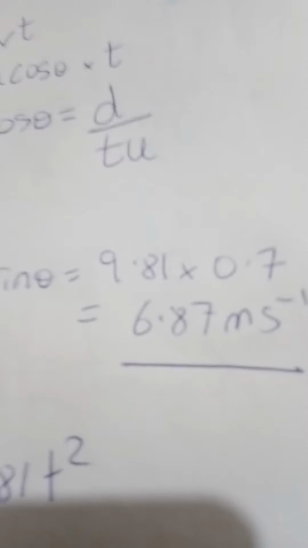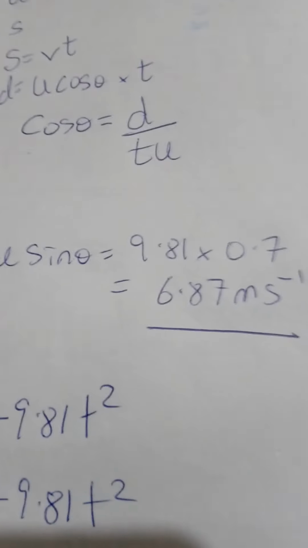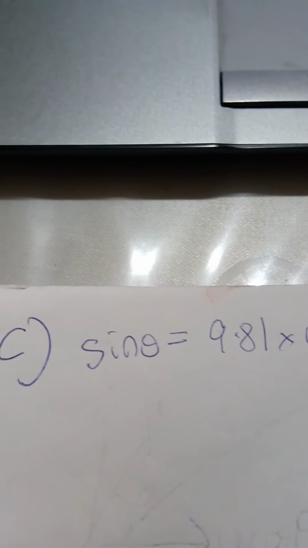From here we've got the equation of what is sine theta. I'll make sine theta the subject of the formula because that one I'm going to use. So sine theta is u sine theta equals 9.81 times 0.7.